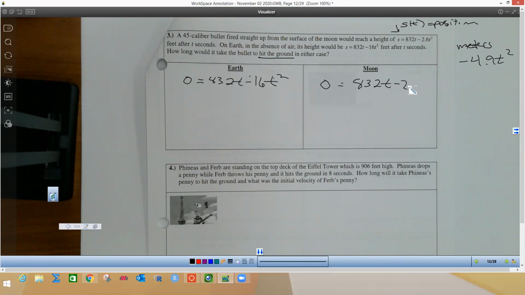Somebody got a calculator out, please? So we're going to factor out over here 16t. 52. And we're going to set both these equal to 0.